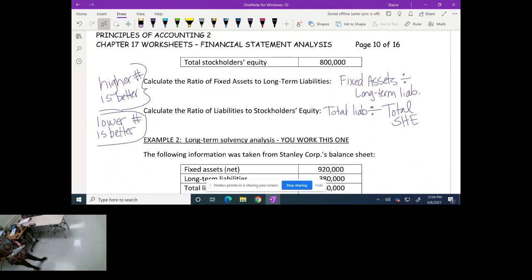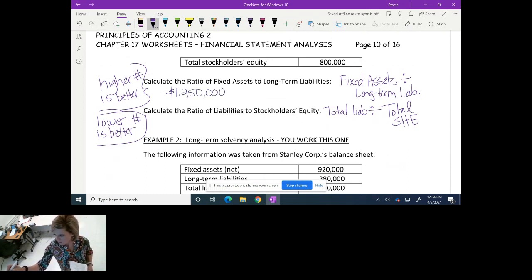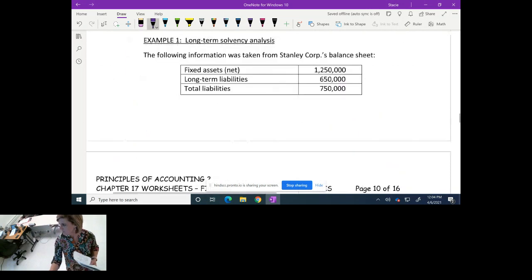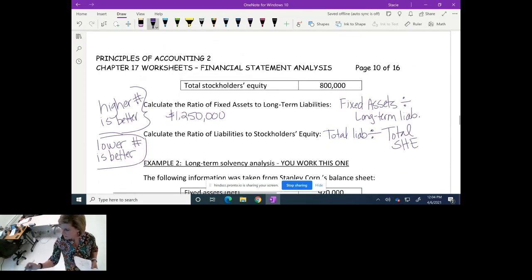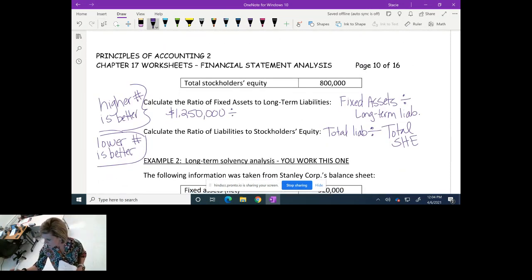We've got the ratio of fixed assets to long-term liabilities. So we're going to take our $1,250,000 of net fixed assets and divide it by our total long-term liabilities, which is $380,000. And you get 1.92.